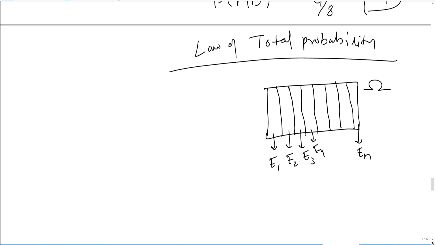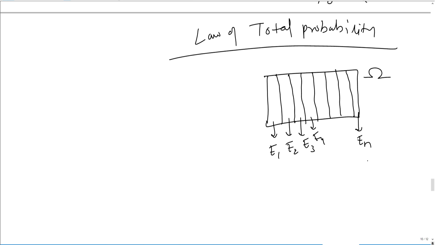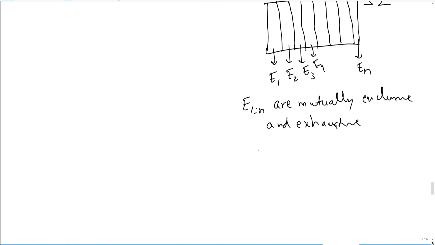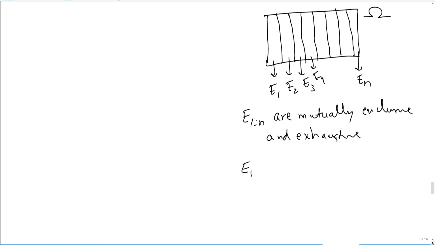These are multiple events such that the intersection of all these events is an empty set. So all these events are mutually exclusive. E1 to En are mutually exclusive, so they do not contain any common element. Also, they are exhaustive. What exhaustive means is that if you take the union of all these events, E1 union E2 union E3 up to En, then this would be your sample space.